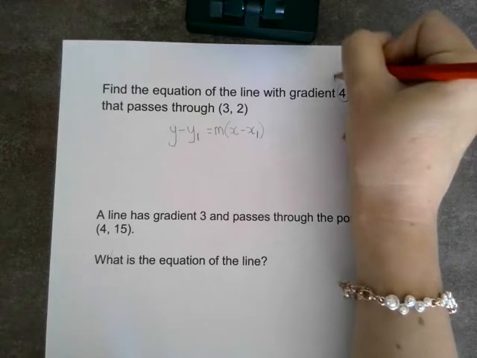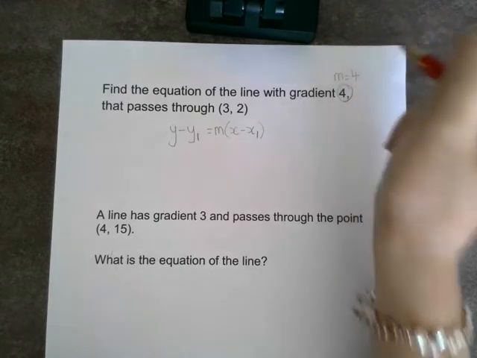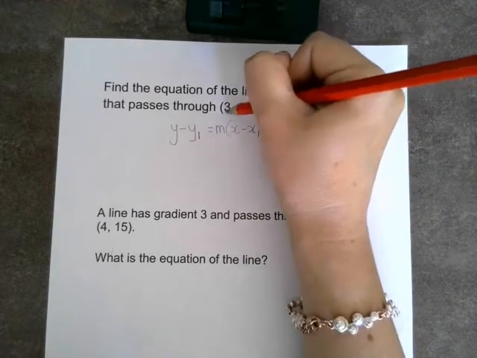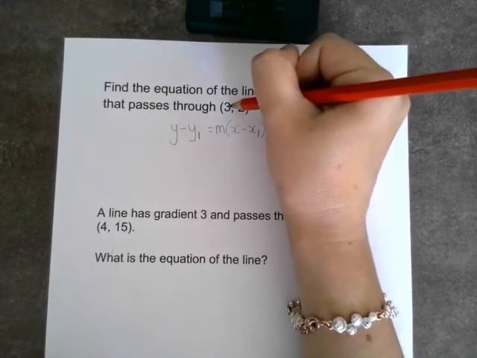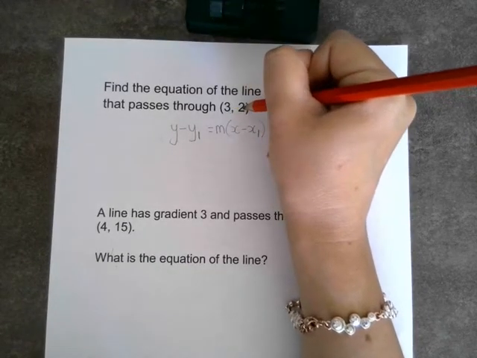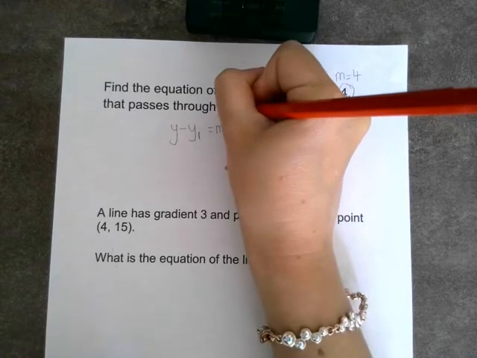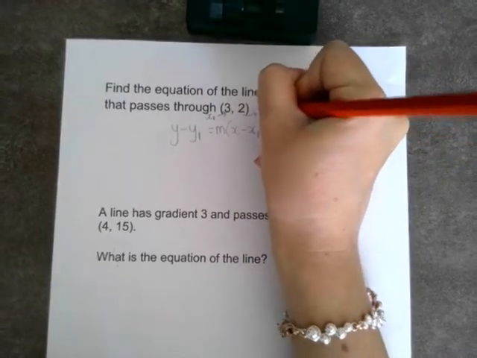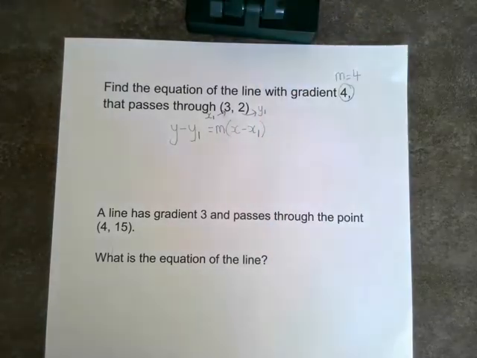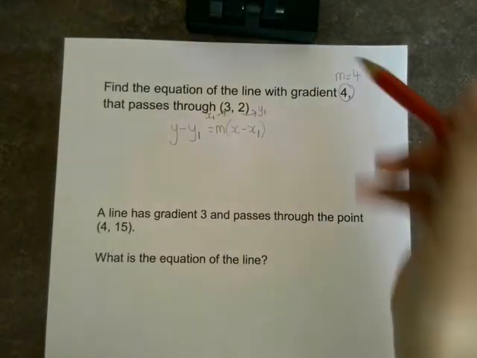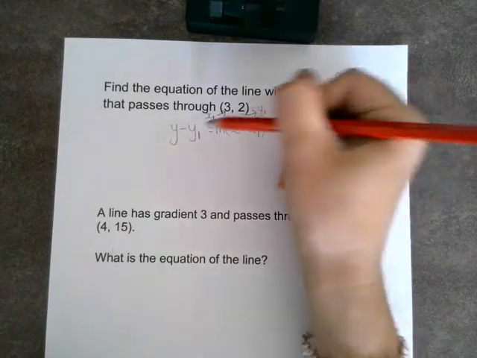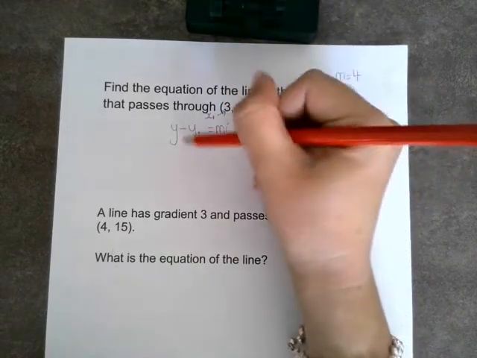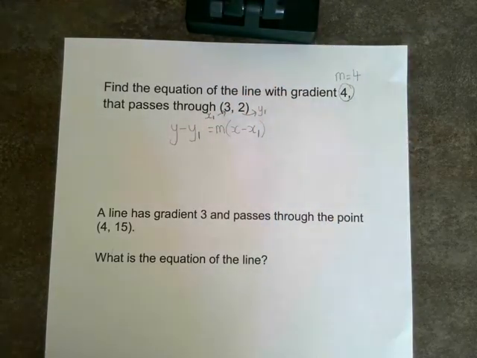So that means m is 4, and we also have a coordinate, 3 and 2, and remember in that coordinate x comes first and then the y coordinate, so the 3 is your x1 and the 2 is your y1. Once you've done that, it's really just a case of putting the m, x1 and y1 into this formula and then rearranging it a little bit.